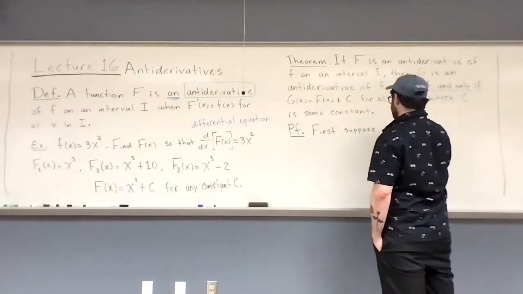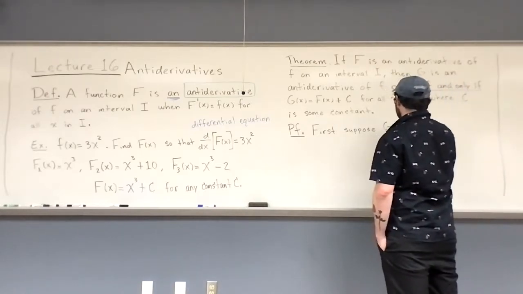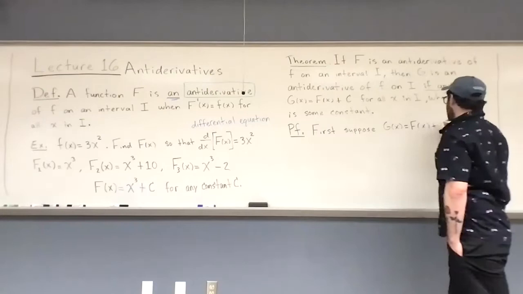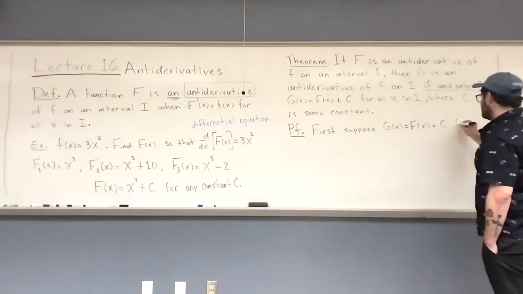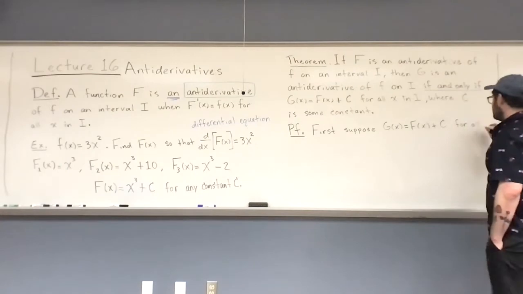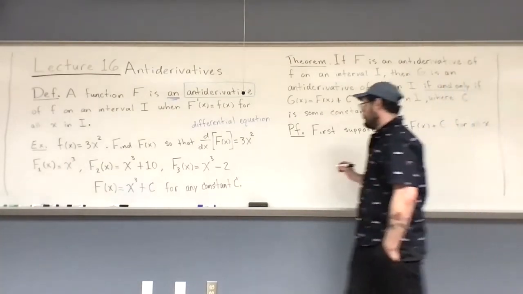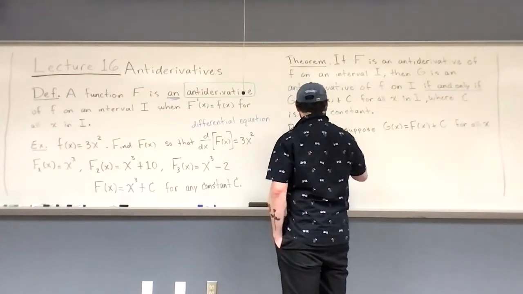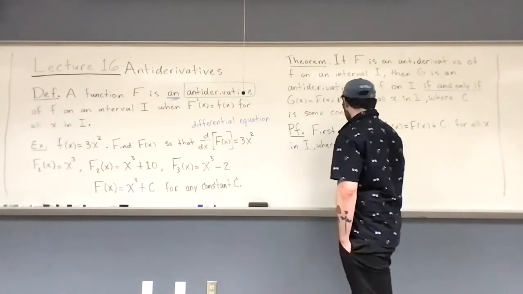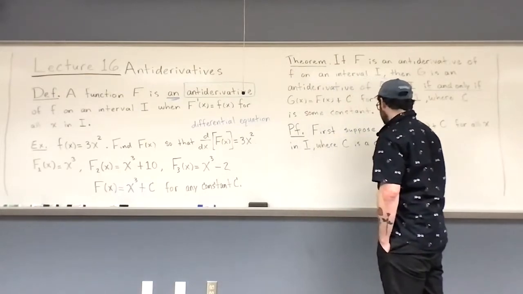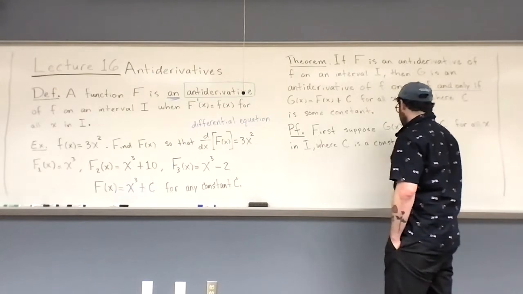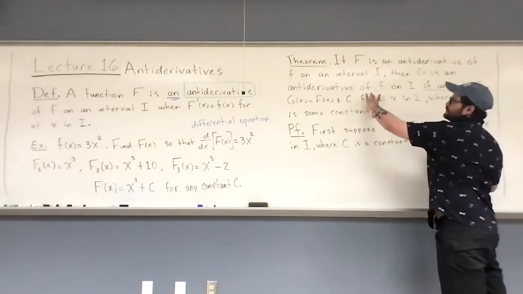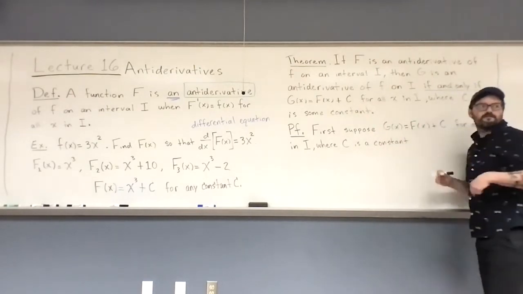So first suppose that g of x is equal to capital F of x plus c for all x in I, where c is a constant. Okay, we're assuming this, and we're going to show that g is an antiderivative of little f.